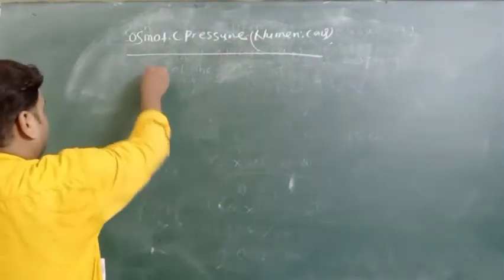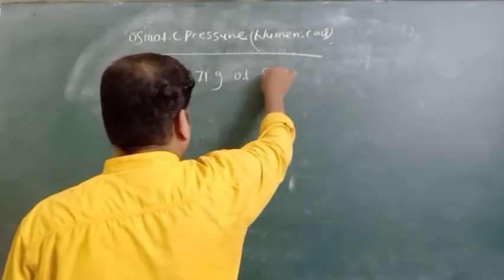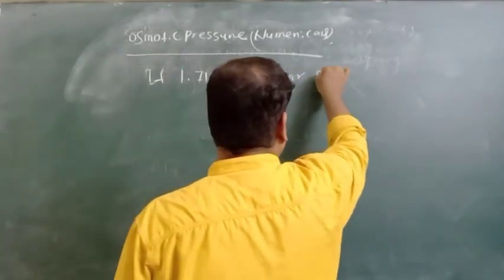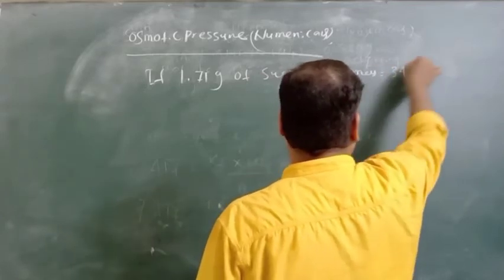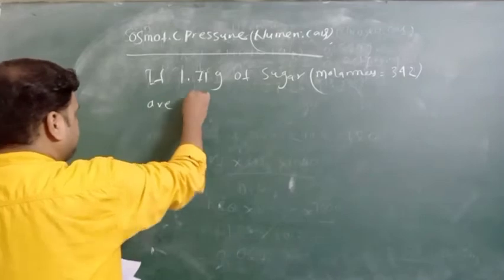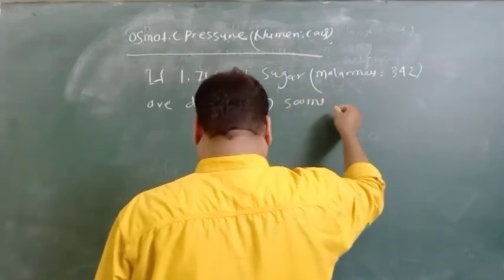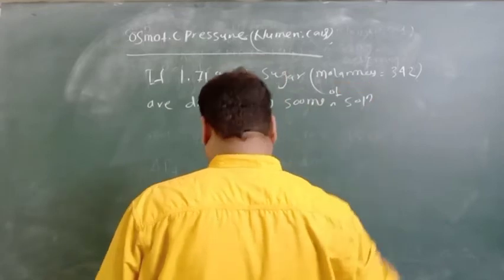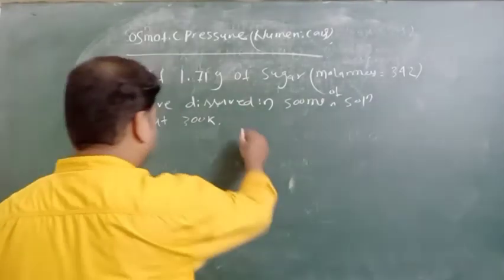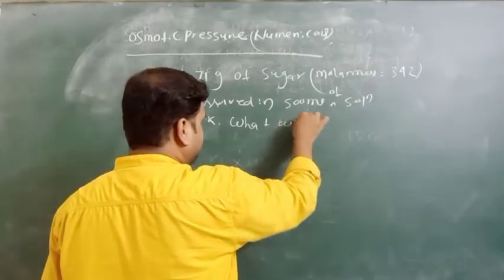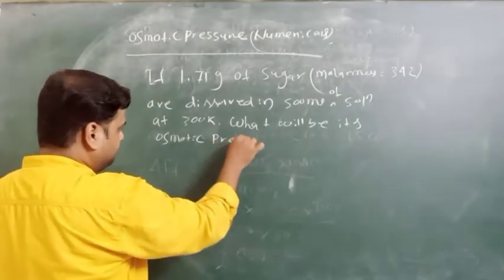If 1.71 grams of sugar having molar mass 342 are dissolved in 500 ml of solution at 300 Kelvin, what will be its osmotic pressure?